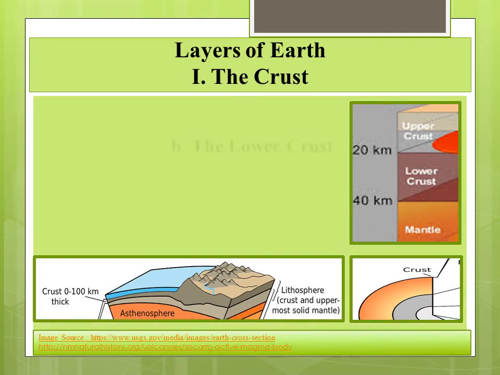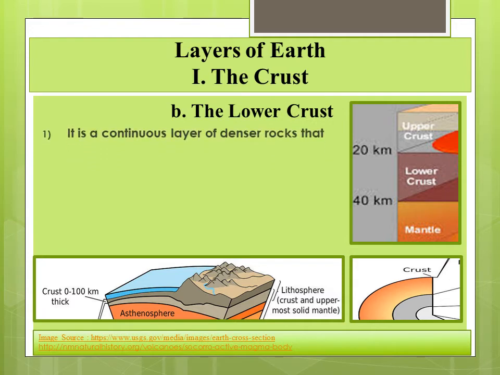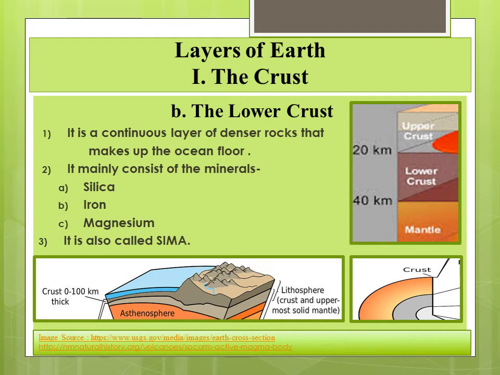Second layer of the crust, number 2, the lower crust. It is a continuous layer of denser rock that makes up the ocean floor. It is made up of minerals like silica, iron, and magnesium. It is also called SIMA. Si refers to silica and Ma refers to magnesium.